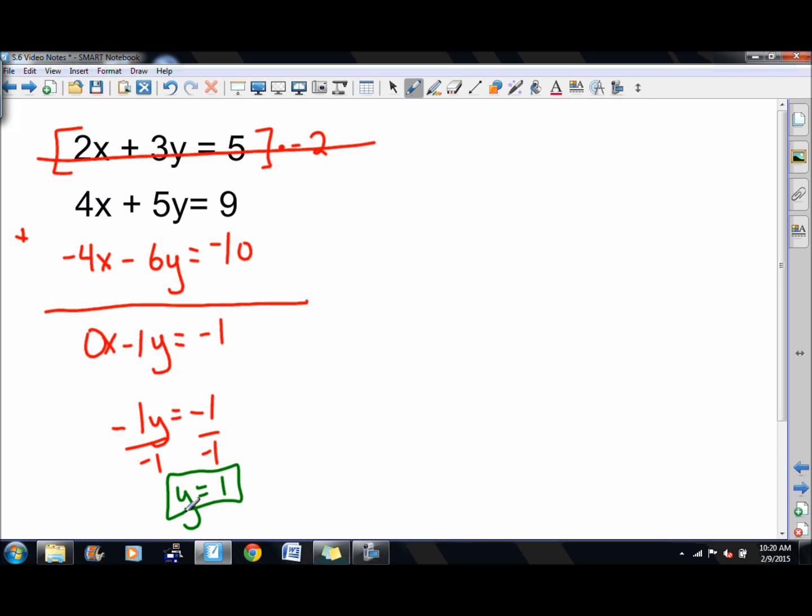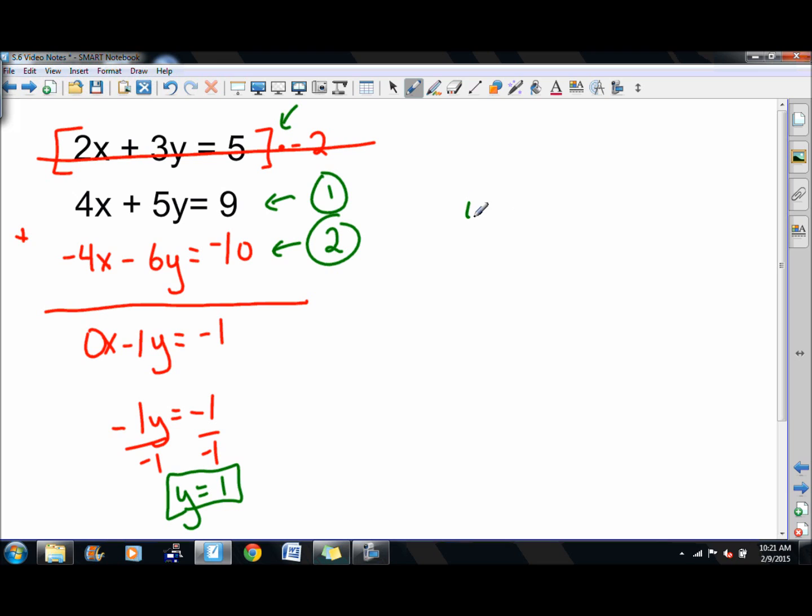Now, just like the substitution method, I have to plug this back into one of the two equations, either this one, or even the original, to try to find what my x is. So I'm going to pick this equation right here, but I'm also going to do this equation here to show you that they both work.